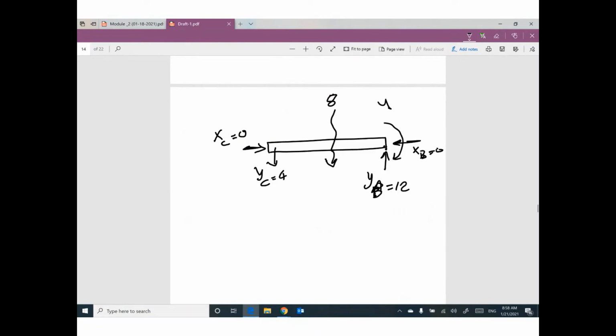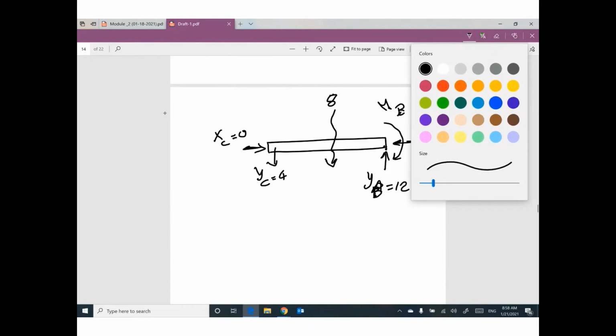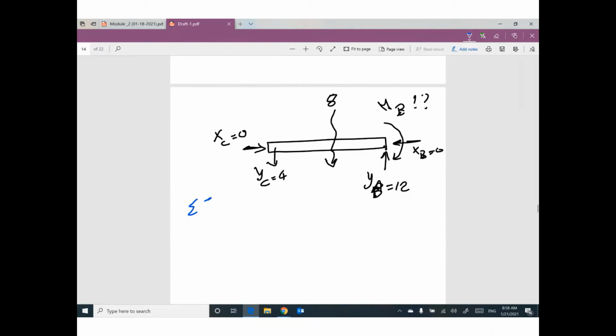And MB. We're still looking for MB. I applied summation Fx equals 0. I am done. Summation Fy equals 0. I am done. We still have the third equation, summation moment at any point equals 0. I will take moment at B. And I will assume the clockwise direction is positive.